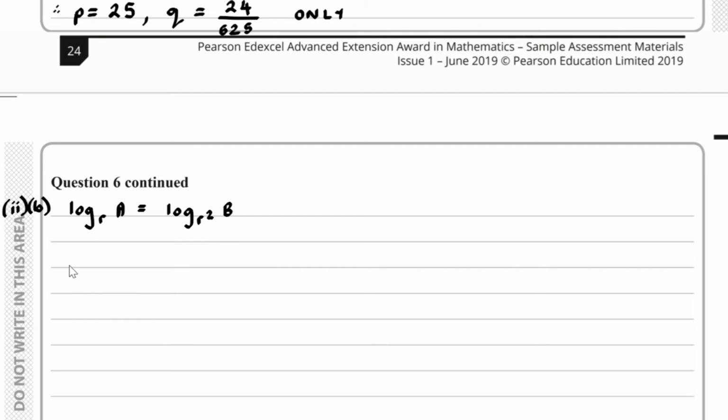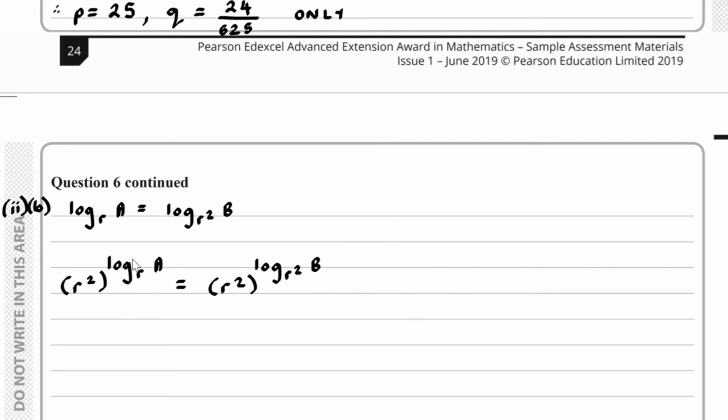Now if I have r squared to the power of this equaling r squared to the power of this, what we are essentially doing is anti-logging both sides.